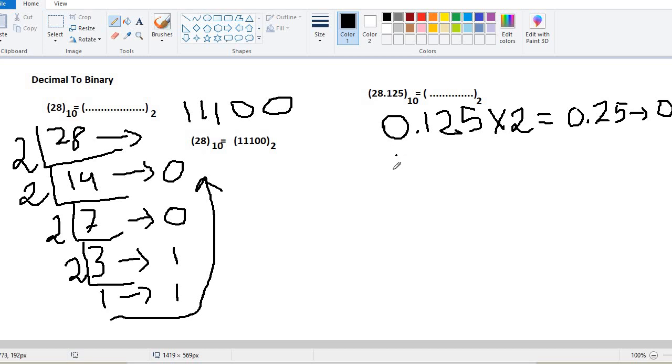Now again multiply 0.25 by 2. What will I have now? I will have 0.5. So before the decimal what we have? 0, right? Before the decimal means this part.